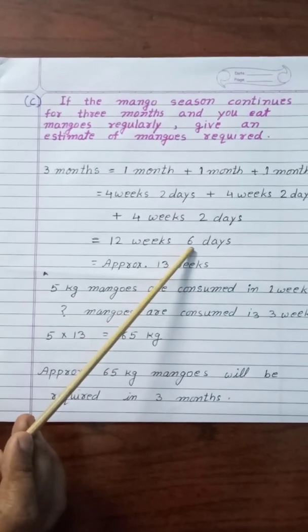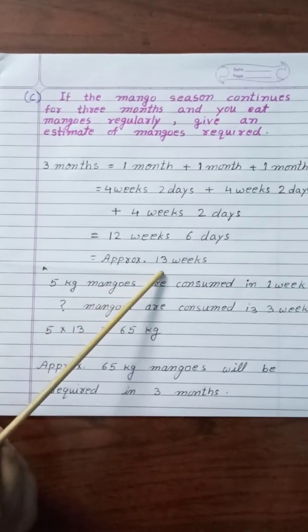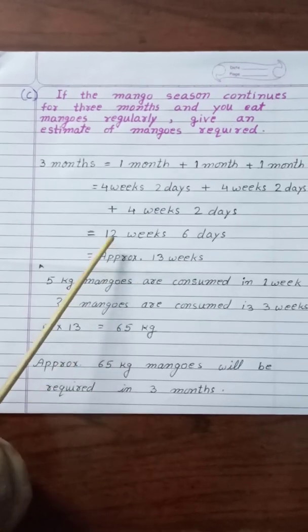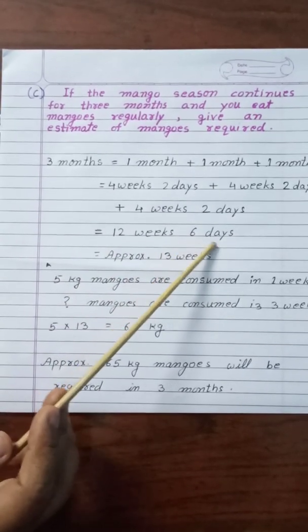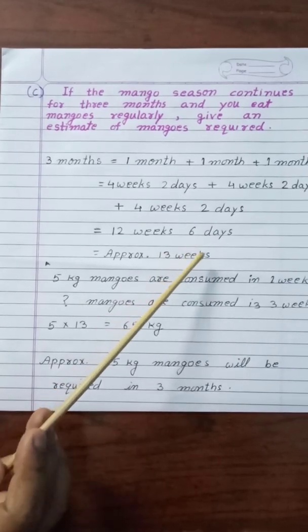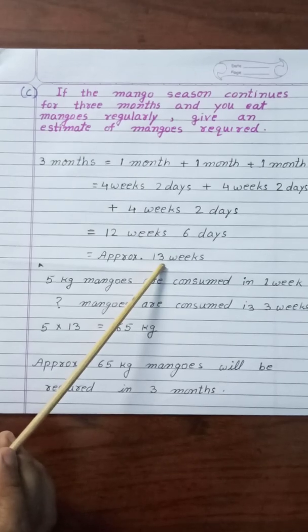So approximately 3 months is equal to 13 weeks. That means 12 weeks plus 1 week. Instead of 6 days, we can add 1 week. That is total 13 weeks, right?